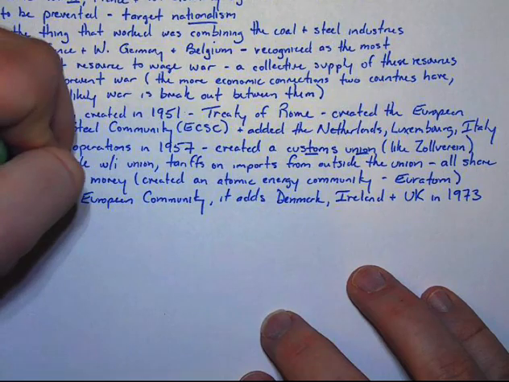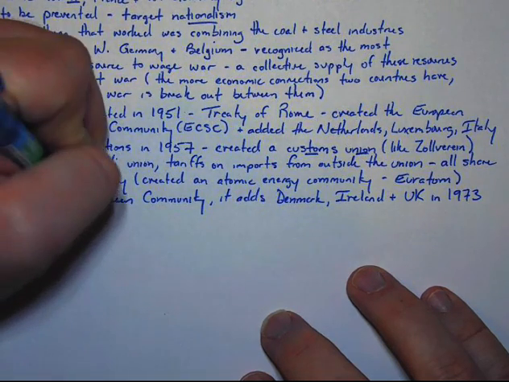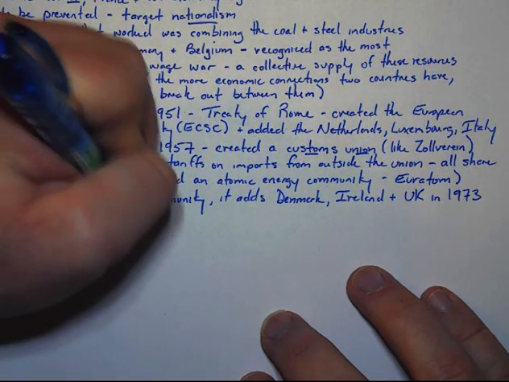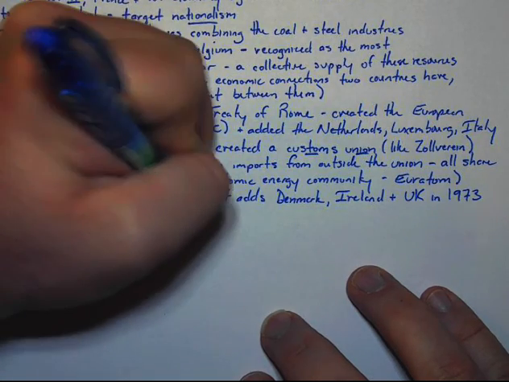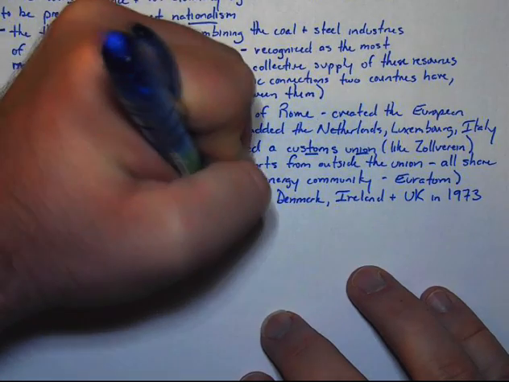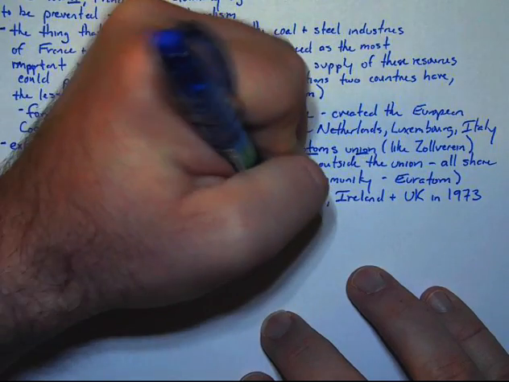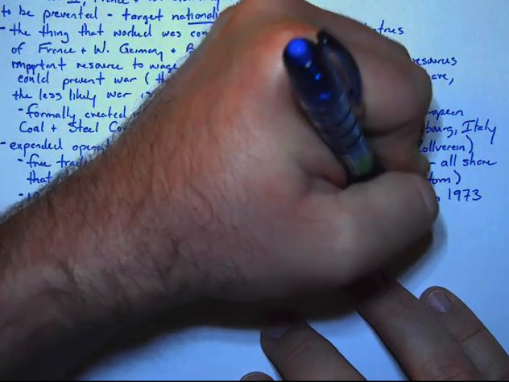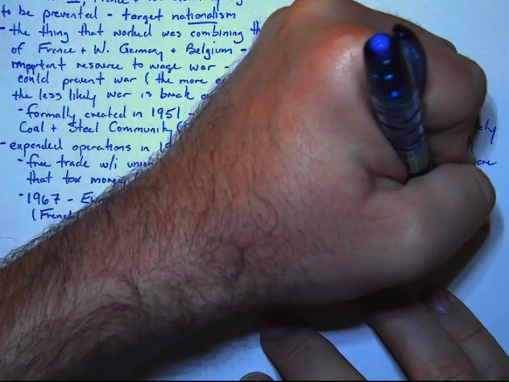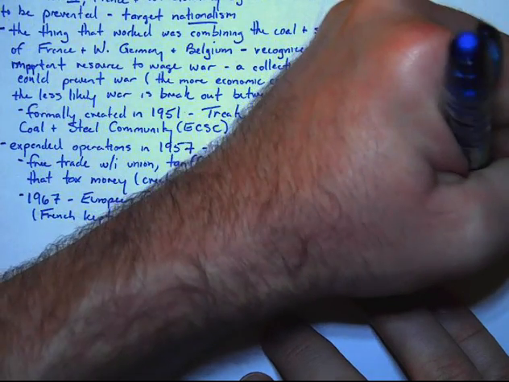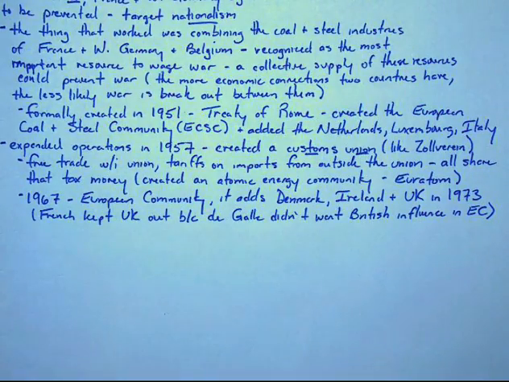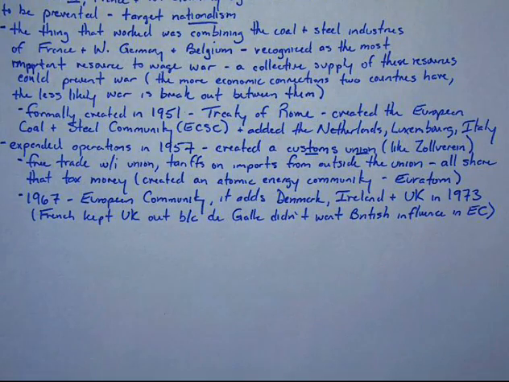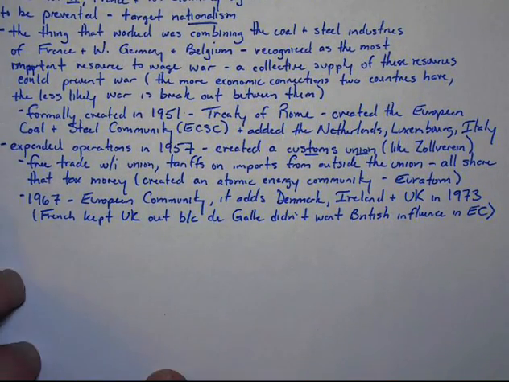The French kept the UK out because de Gaulle didn't want British influence in the European Community. But now that de Gaulle is gone, he leaves in 1969, the British are finally allowed in.